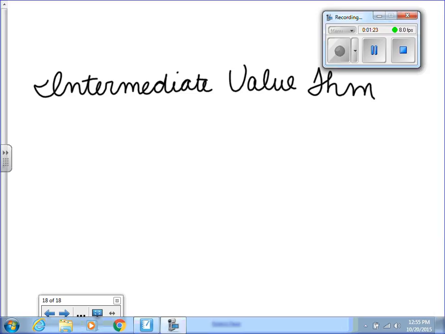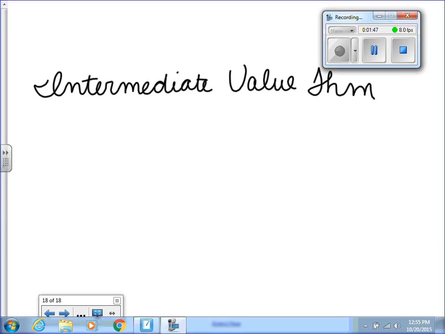Okay, in everyday English, it says if you have these two numbers on this interval, and you put them into a function, and this one is one sign, and this one is the other sign, then somewhere between those two numbers is a zero.